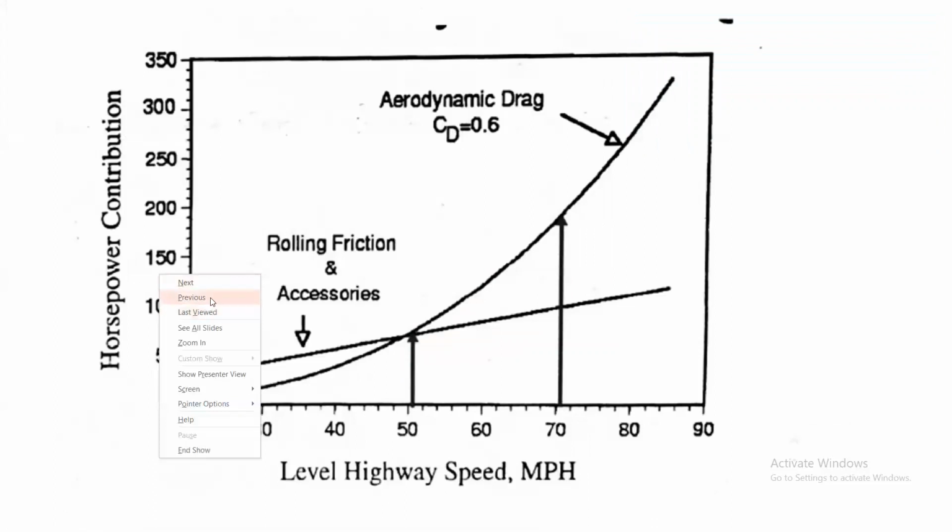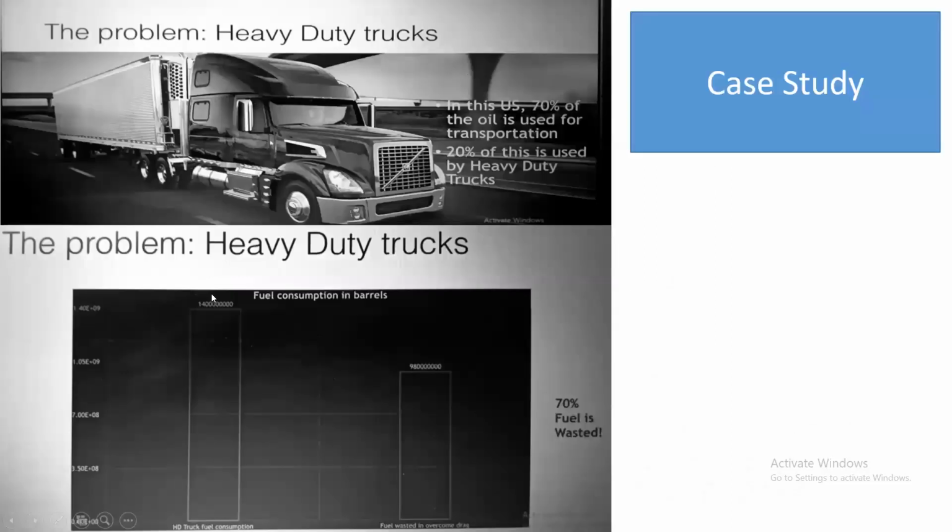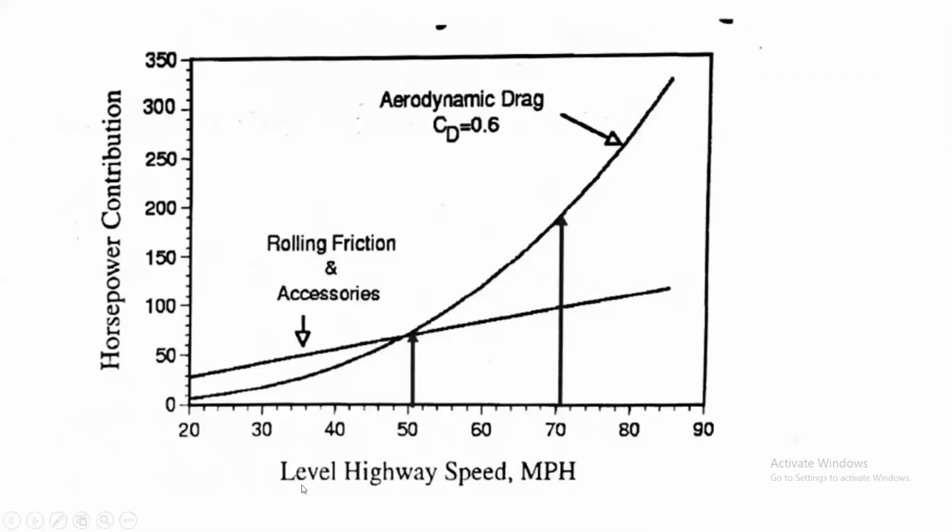Do you have an idea of CD, the coefficient of drag? A little bit. Okay, that much is fine. Whenever the aerodynamic drag coefficient increases for any truck or automobile, you can see how much the horsepower contribution increases.